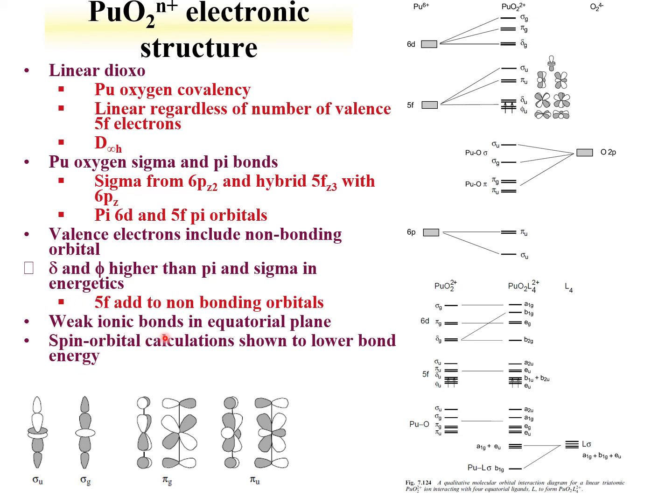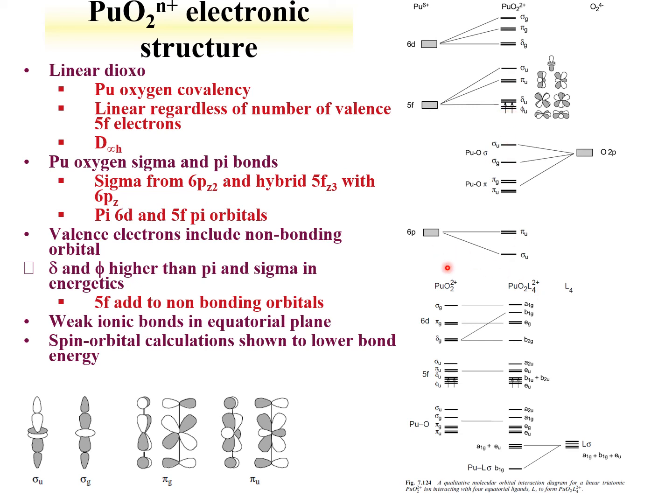There's weak ionic bonding in the equatorial plane, and again the orbital overlaps are shown here, and the full molecular orbital for the plutonium and oxygen, forming the molecular orbital of the system, similar to the uranium, except we have a few more electrons on here.